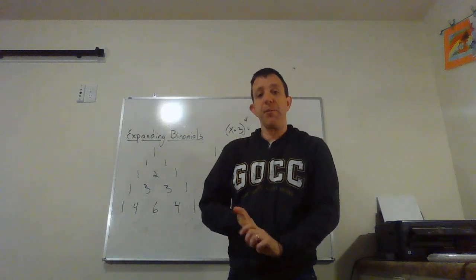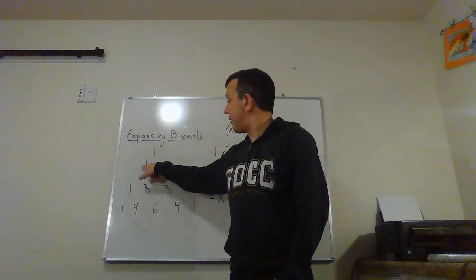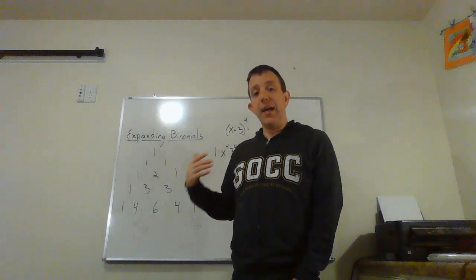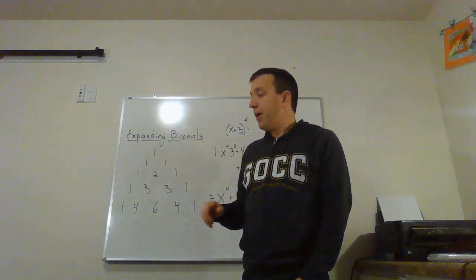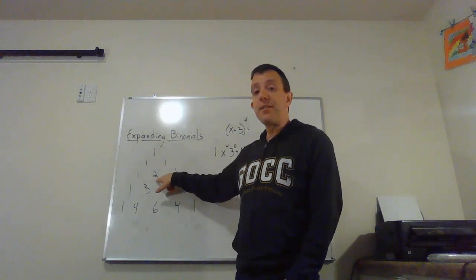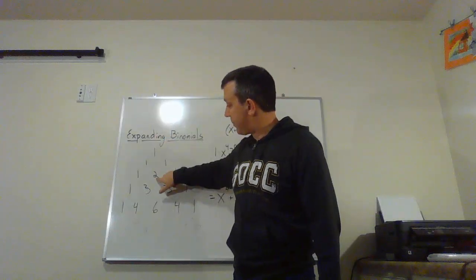Now let's talk about how we make the triangle. The triangle starts with ones. You get a 1, and then underneath it you get 2 ones. And then always down the sides of the triangle you get 1. But each number that's inside is the sum of the 2 numbers that are up above it. So right here, 1 and 1 make that 2 in the middle.